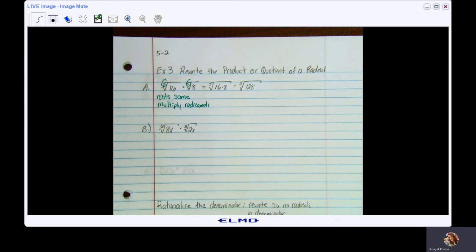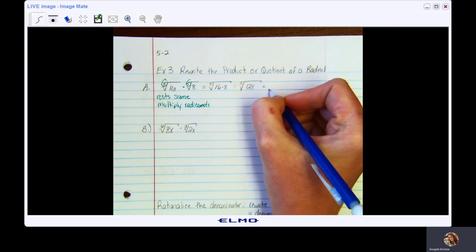So now we want to simplify this. So again, I'm going to try to find factors of 128 where one is a perfect fifth root. Sometimes you might just have to play around with this a little bit, do some factoring.